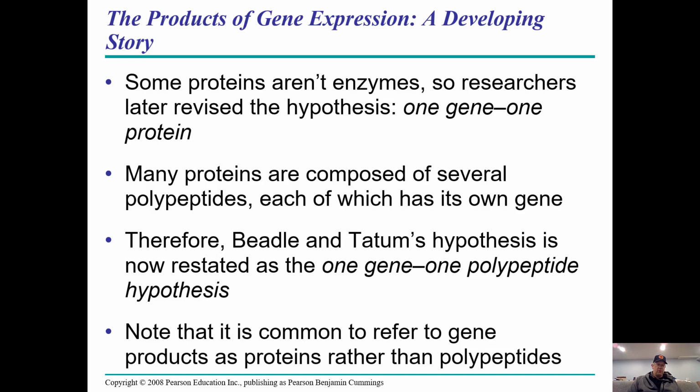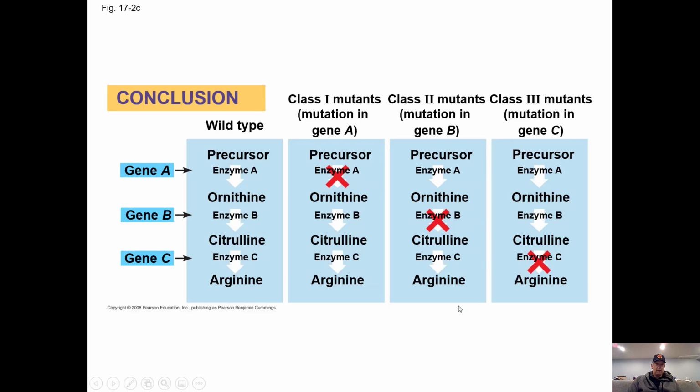Here's an overview of what I was saying. Gene A is responsible for enzyme A, which takes our precursor and turns it into ornithine. Gene B is responsible for enzyme B, which takes ornithine and turns it into citrulline.